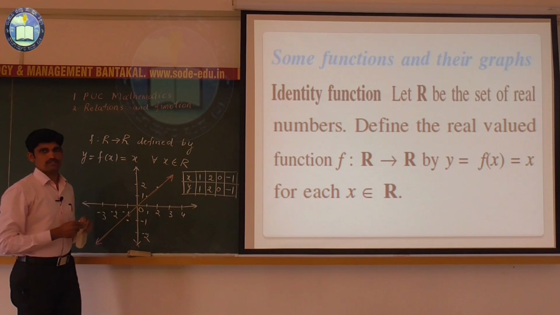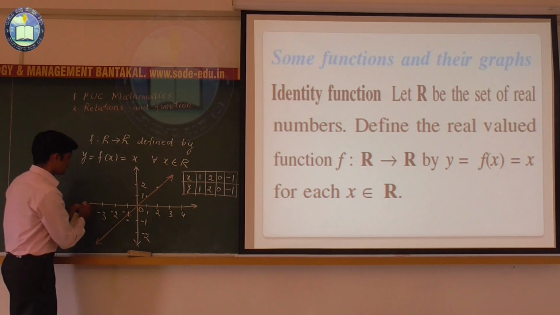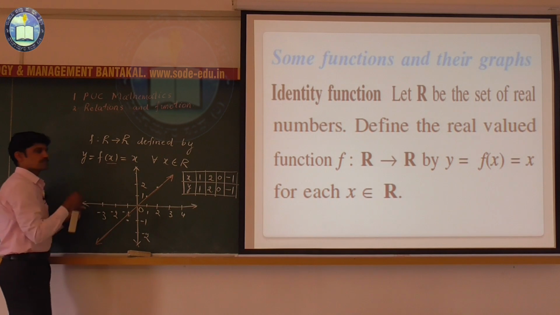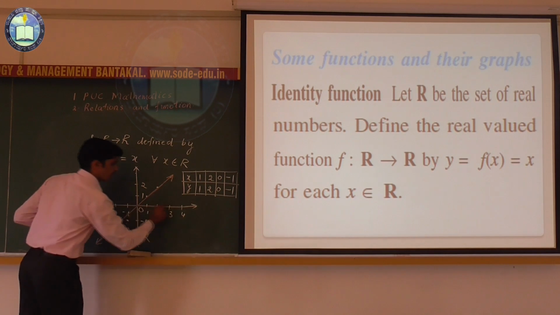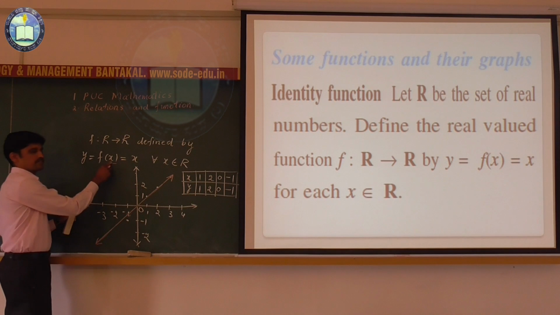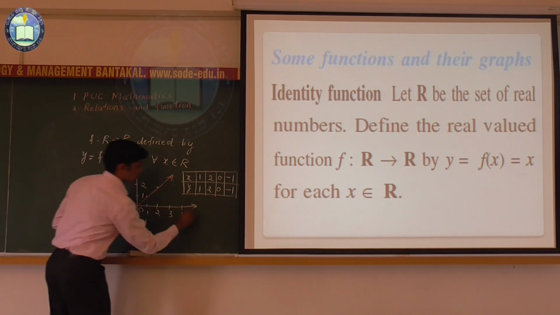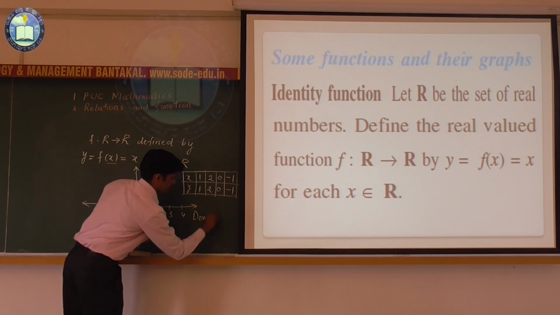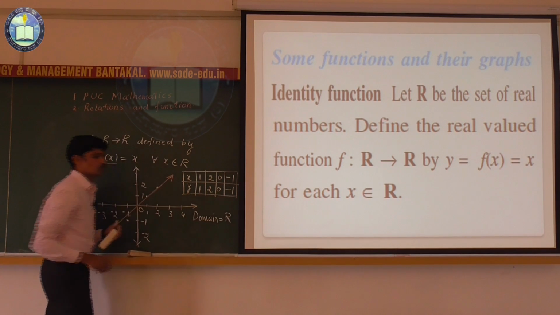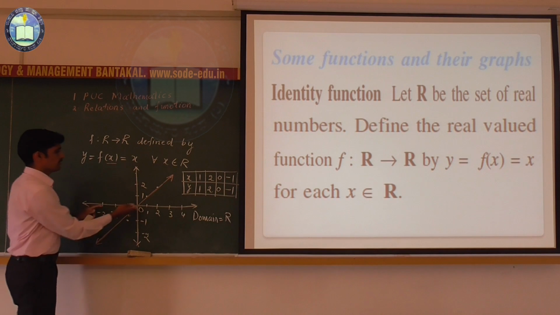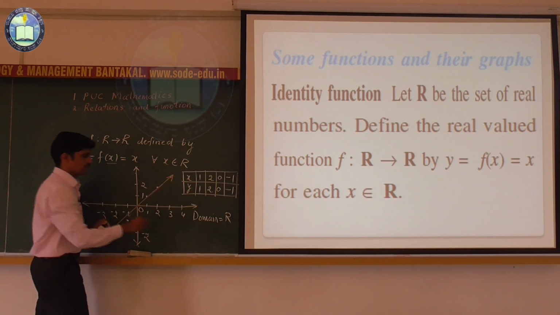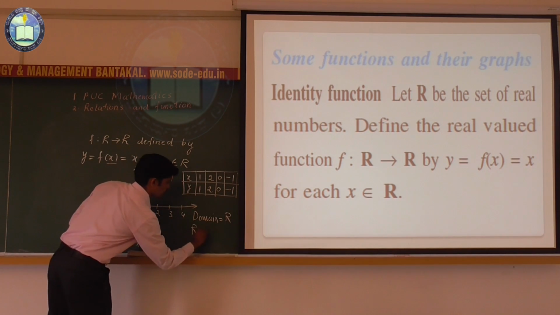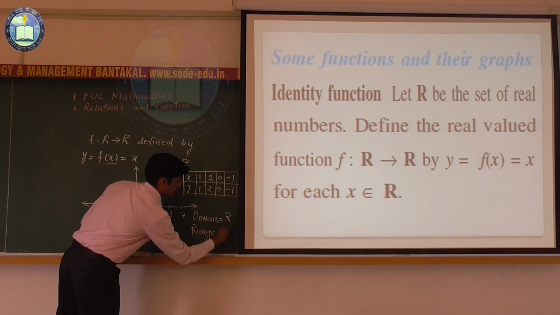What is the domain of this function? The possible values of x is the domain. We can give any real number for x, therefore domain is equal to the set of real numbers R. Domain is equal to the set of all real numbers. Then value of y is also same, therefore range is also equal to the set of real numbers.